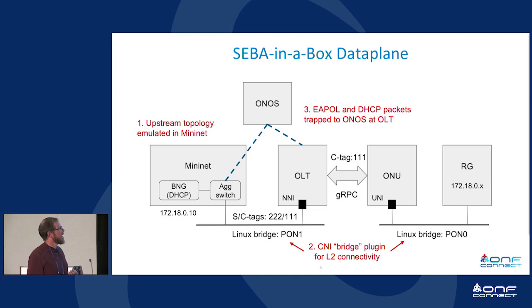Likewise, the same thing happens with DHCP packets, but in this case, packet out for DHCP packets actually happens at the AG switch, and then they're forwarded up to the DHCP server running on the BNG. So this is kind of an overview of the data plane that we're building in SEBA-in-a-Box and how we do that.